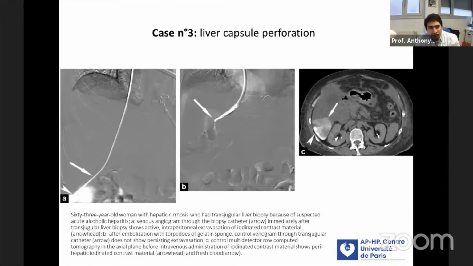And usually that's sufficient. We don't use definitive embolization materials such as coils or glue, because it will heal by itself in some minutes or hours, and the gelatin sponge may be very helpful to simplify and to make it more efficient.